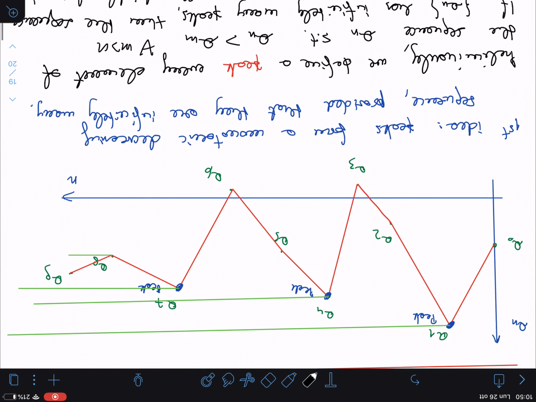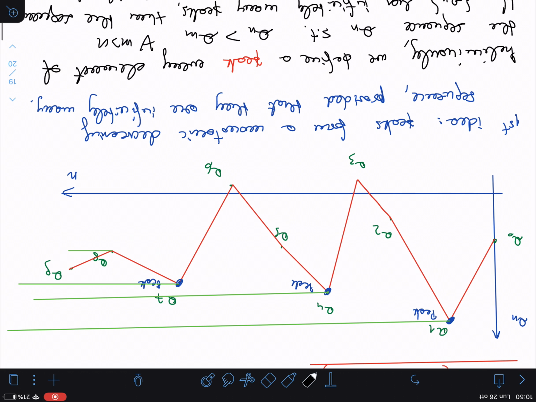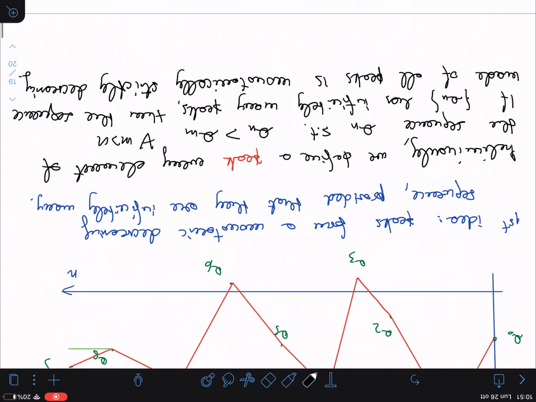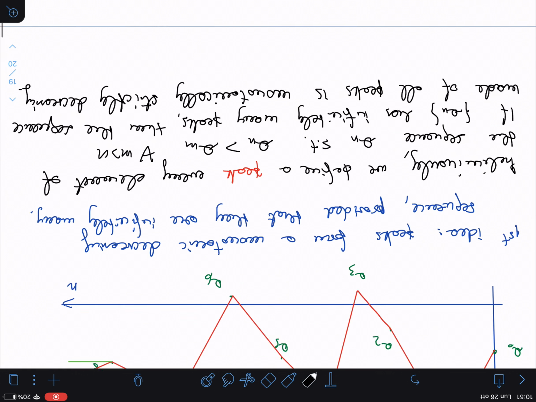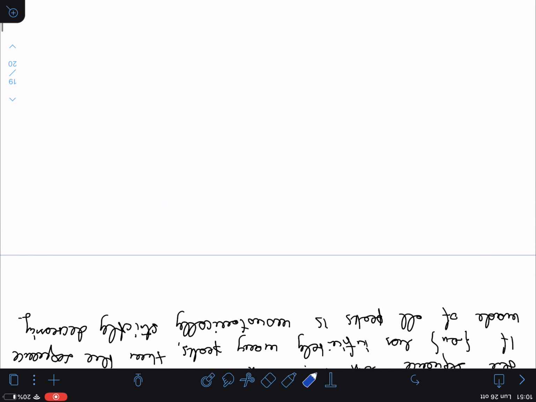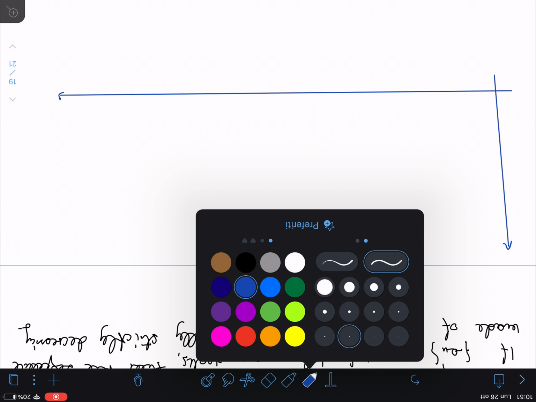And then there is the other idea. The second idea is the following. So let us draw another picture here.